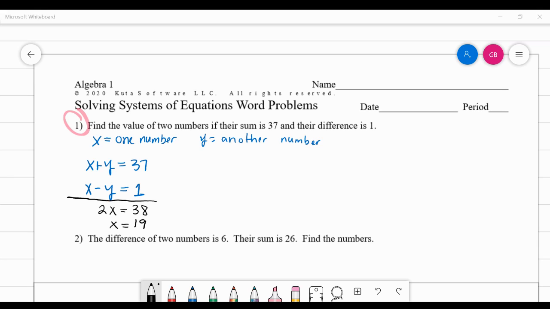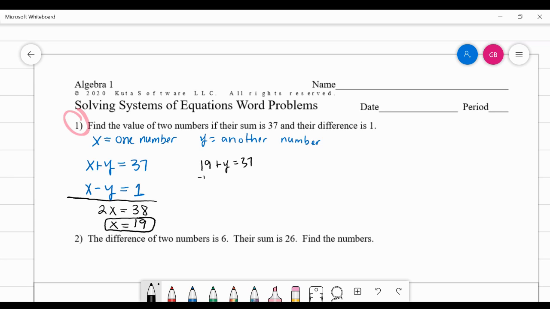That's one number. And then to find the second number, you're going to substitute the x value that you just found into any of the equations above. So if I take the first equation, instead of x, I'm going to write 19 plus y is equal to 37.